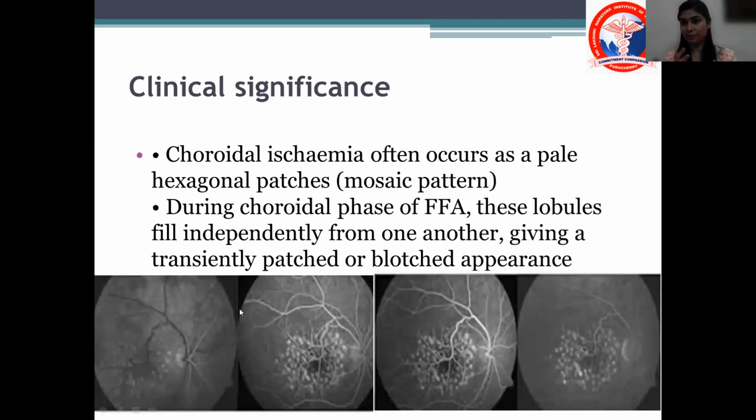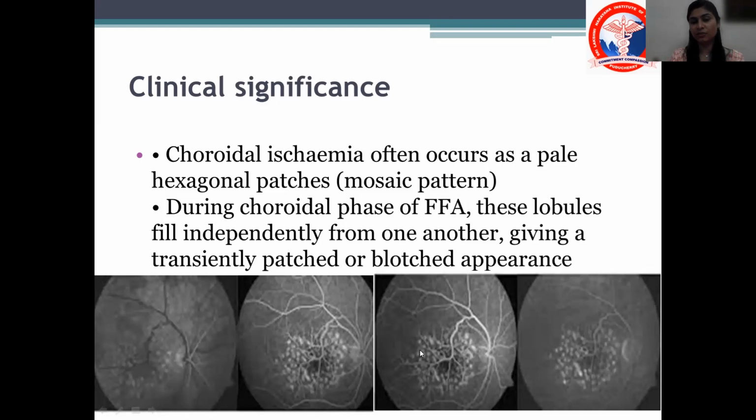During the choroidal phase of fluorescein angiography, these lobules fill independently from one another, giving a transiently patched or blotched appearance. By analyzing this, we can say that this is a case of choroidal ischemia.